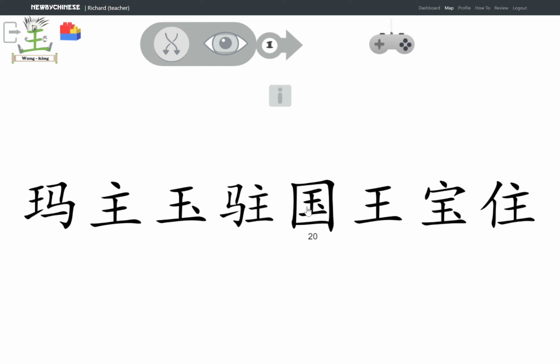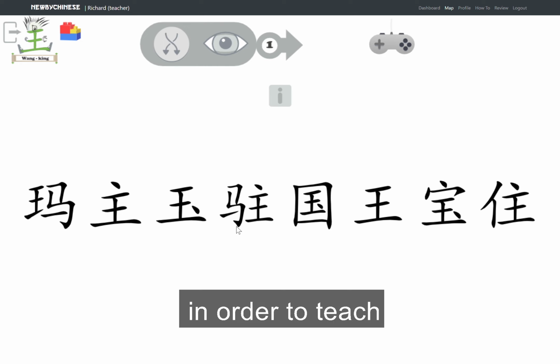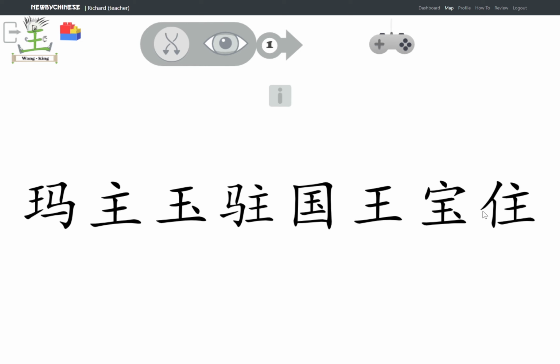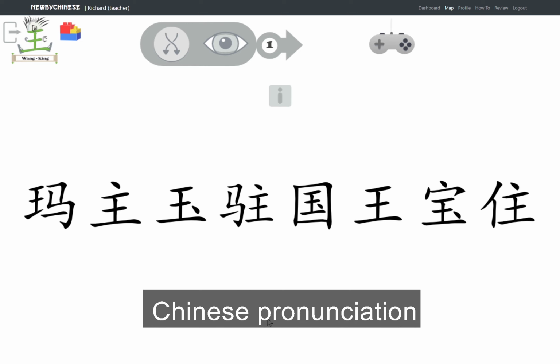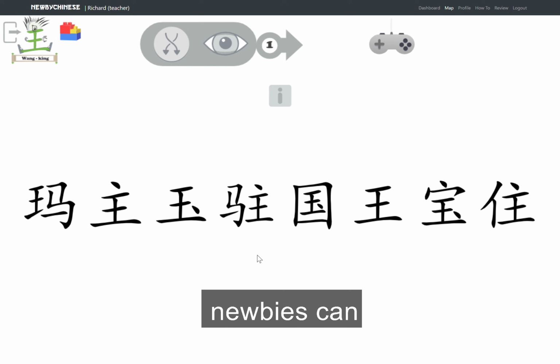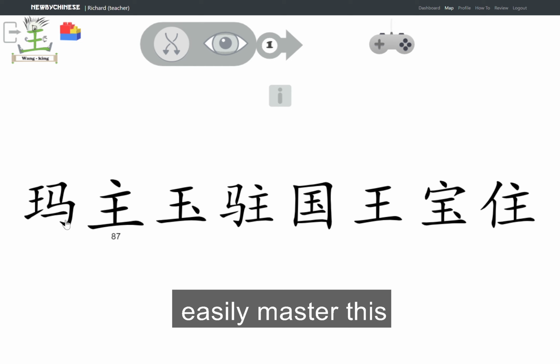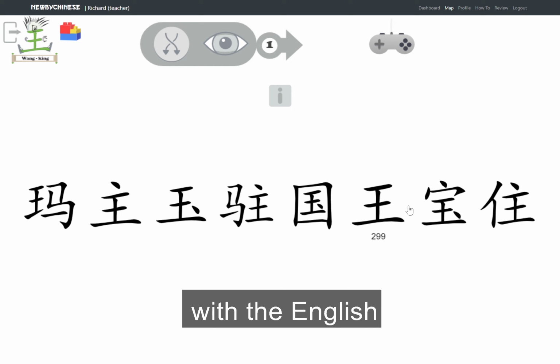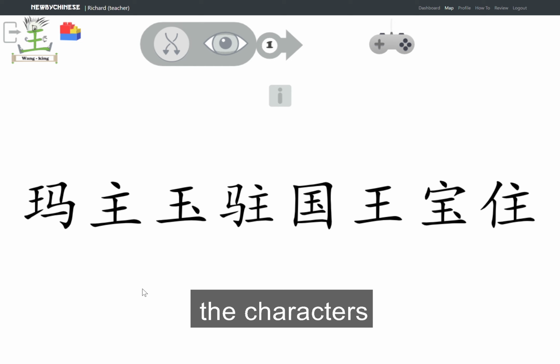And so we have to be really, really clever and come up with interesting systems in order to teach Chinese in a very efficient manner. So for the moment, we have separated the Chinese pronunciation from the characters themselves. So total English-speaking newbies can easily master this because they're dealing with the English interpretations of what these characters mean.